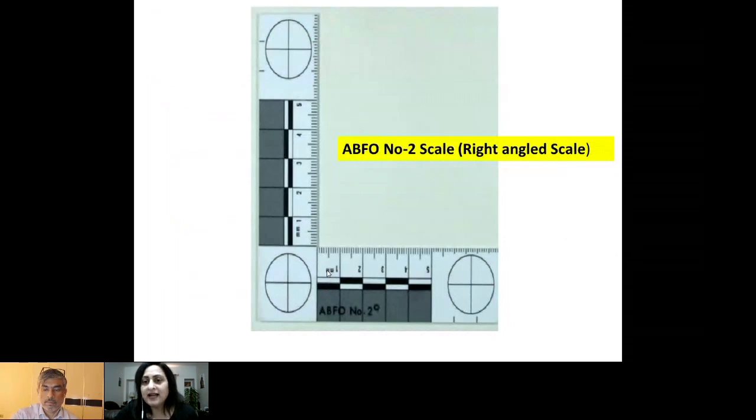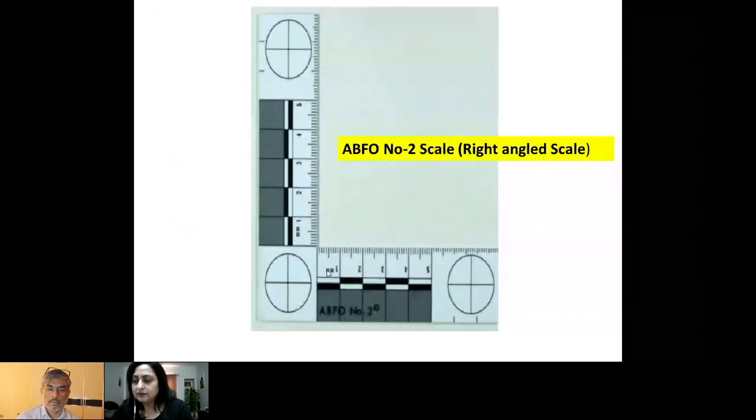It's called the right angle scale, the American Board of Forensic Odontologists number 2 scale. This is the scale which we use. And the photographs are taken in a manner which will minimize the distortion.